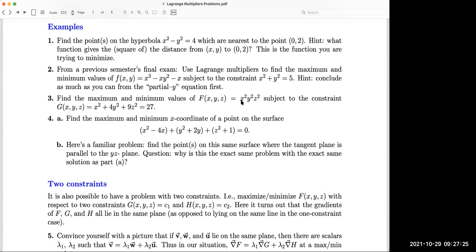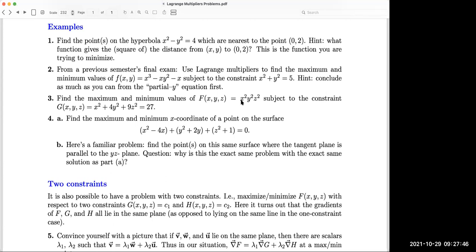Before I switch back to the Notability, let me just write it down in the file. I think I use capital F because I was in this era of always using capital F and capital G for functions of 3 variables. I think some books do that. But you have this kind of strange function, x squared, y squared, z squared.